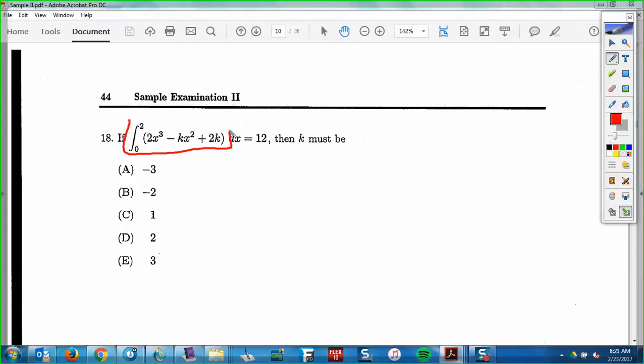I mean, this, right? We're going to do the antiderivative with respect to x. So you're going to raise that up to a 4, divide by 4, so 1/2 x to the 4th. Raise that up to a 3, divide by 3, so minus 1/3 k x cubed. Plus, now here's the tricky part, I suppose, 2k. Now again, what's k? k is just a constant, just a number.